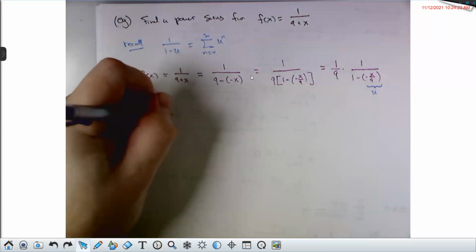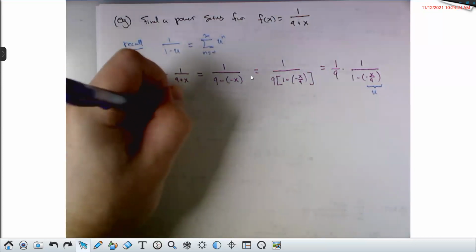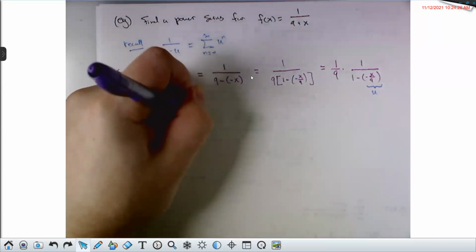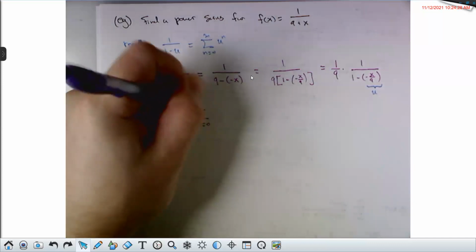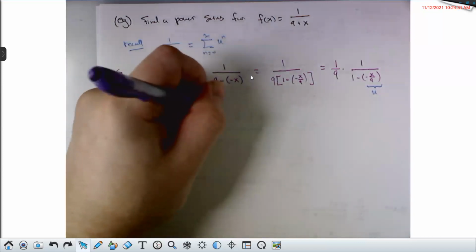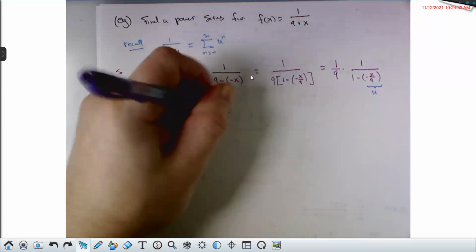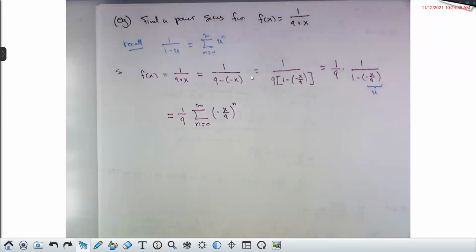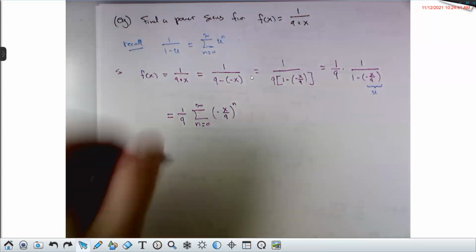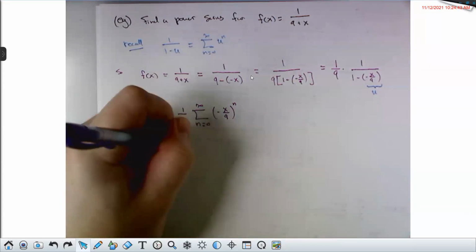So by the geometric series trick above, f of x is 1/9 times the sum from n equals 0 to infinity of negative x over 9, to the n. And that's the big step. We now have a series. From here, it's just a matter of cleaning it up to make it look like the standard form of a power series.